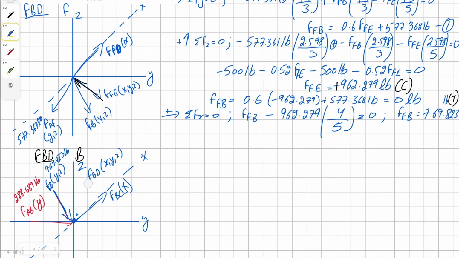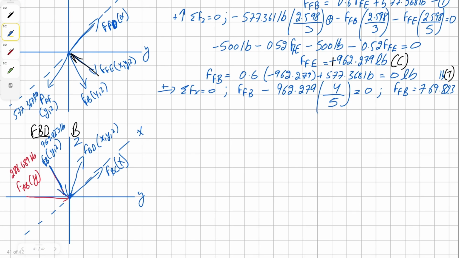Pardon me, I'm going to switch over the direction of the force BD because I have intuition that it'll be in tension. And then we have our external load of 500 pounds along the axis.